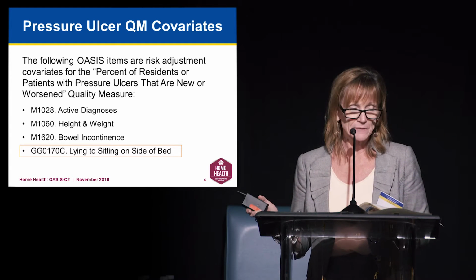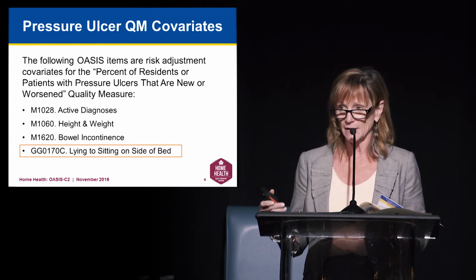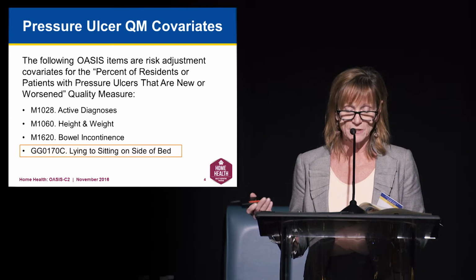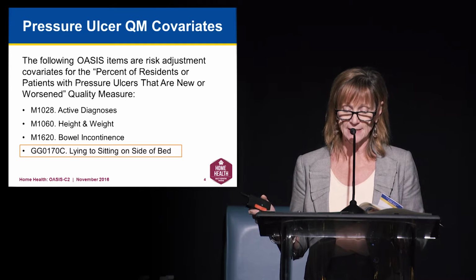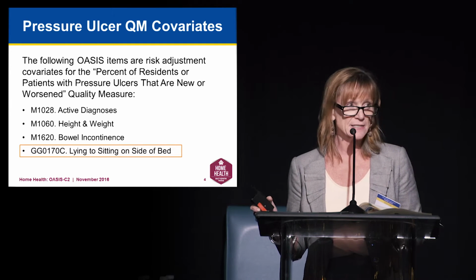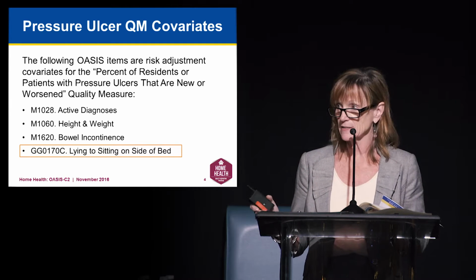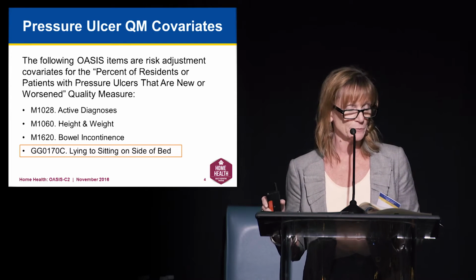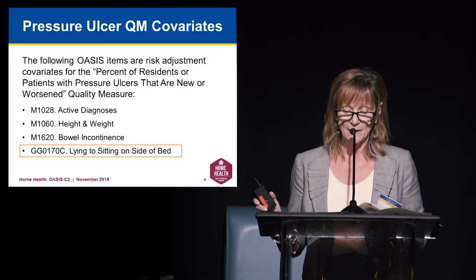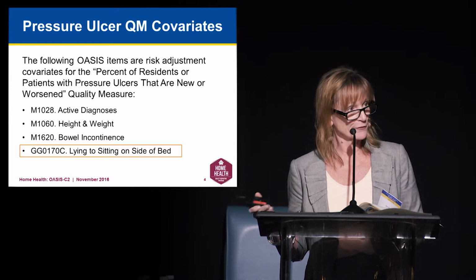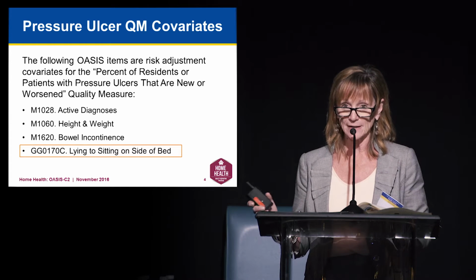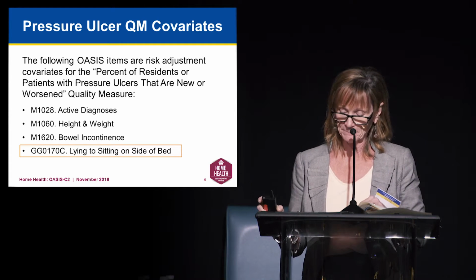And the items that you see on the screen here, Ann Spinard mentioned these, M1028, which is active diagnoses, 1060, height and weight, and 1620, bowel incontinence. Those are 3 covariates that my colleague Kathy Roby will be speaking to later today. And we're going to be talking about the 4th, which is the GG0170C, lying to sitting on the side of the bed.